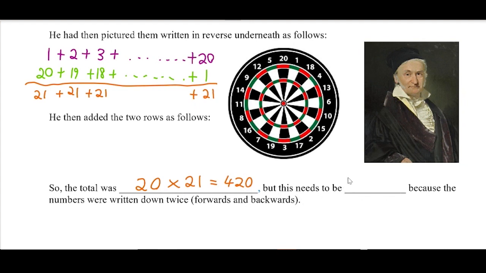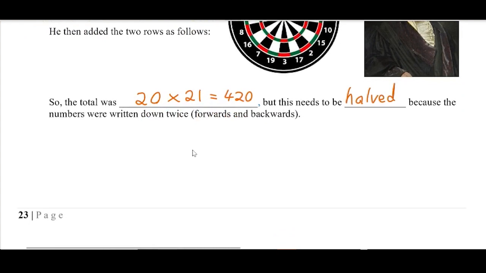Now that number needs to be halved, and the reason it needs to be halved is because the numbers were written down twice. We had the purple numbers and the green numbers. So in fact, the final answer is just 210. If we add up all the numbers on the dartboard from 1 to 20, we get a final answer of 210.